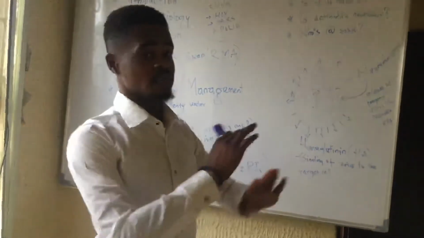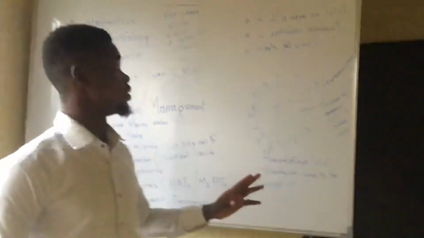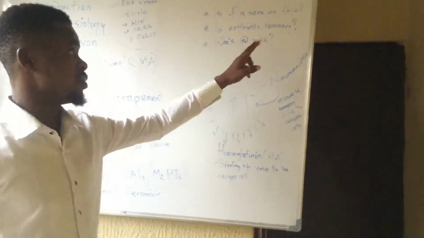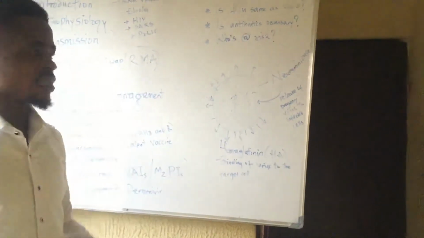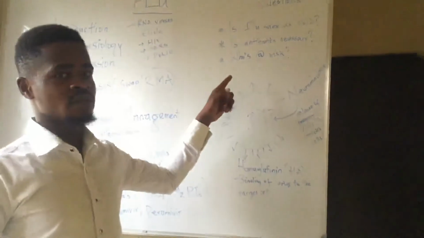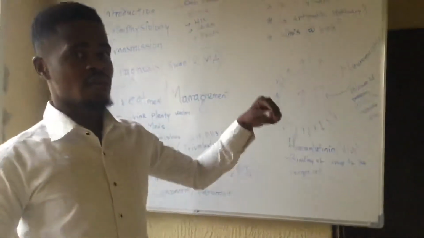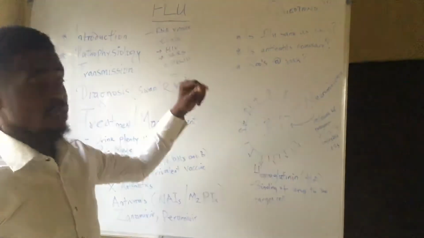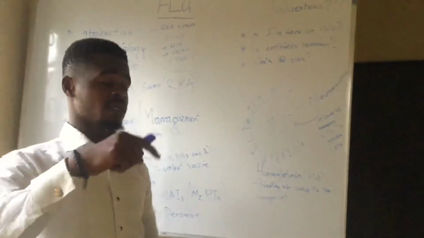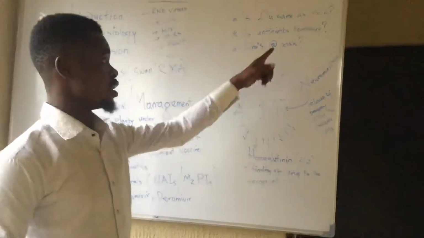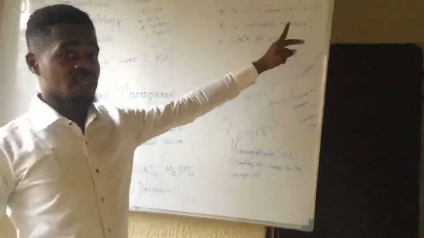Cold majorly is caused by rhinoviruses, and cold affects only the upper respiratory tract. It doesn't go down to the lower respiratory tract, but flu affects both the upper respiratory tract and the lower respiratory tract. And like I said too, there's no vaccine for cold.